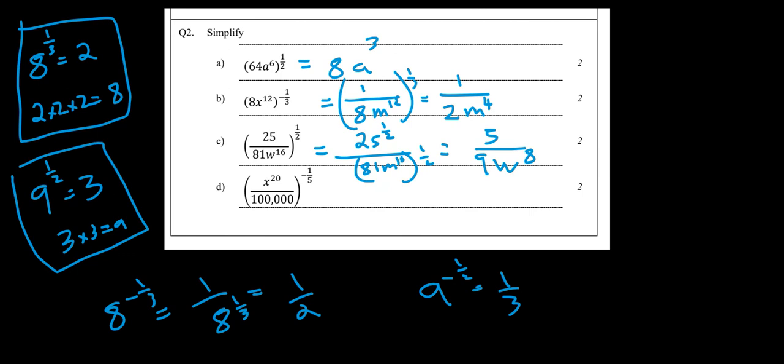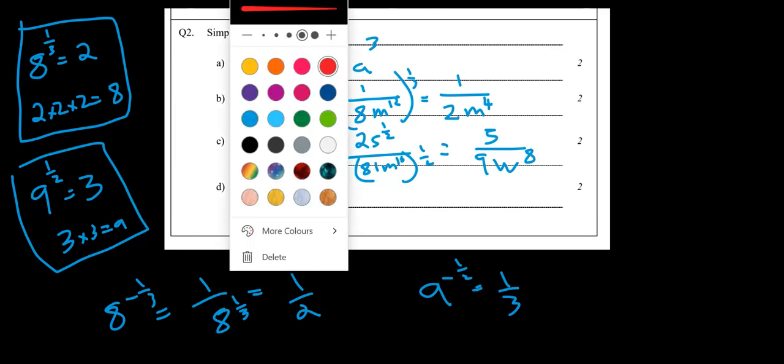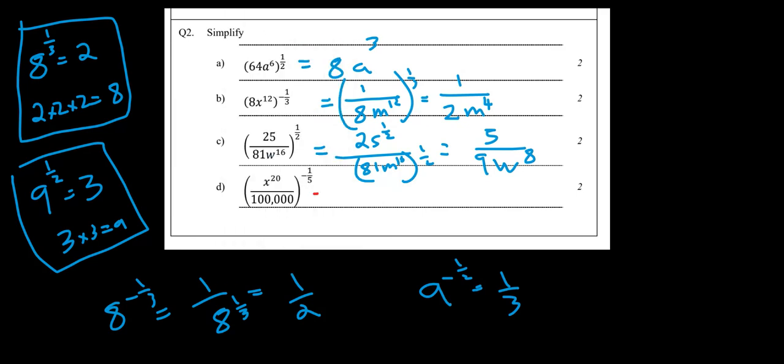Let's do this in red. Okay, so that is 100,000 all over x to the 20, and we can distribute the fifth.